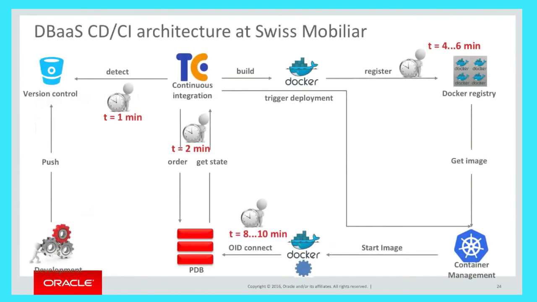So this is a slide that was presented at Open World by one of our strategic customers, Swiss Mobiliar. Their use case is basically to migrate from a monolithic app to microservices, and they wanted to implement a CD/CI type workflow. This is an example where they were looking for a back-end database for their application workflow, which was built on Docker.